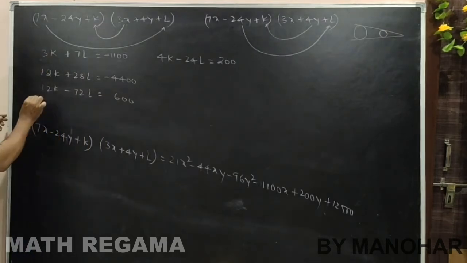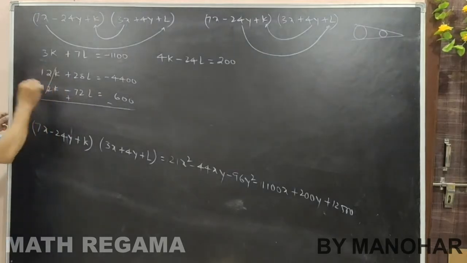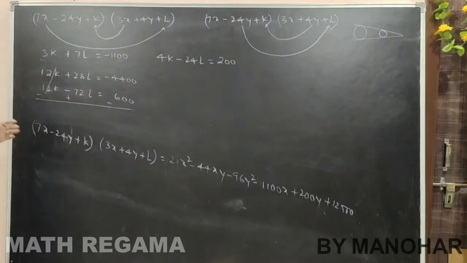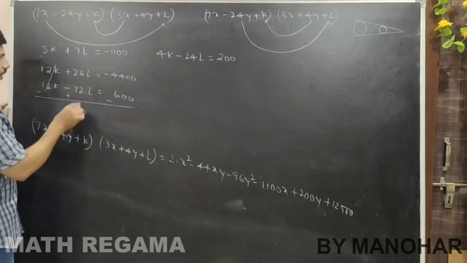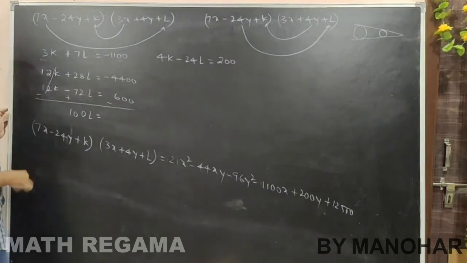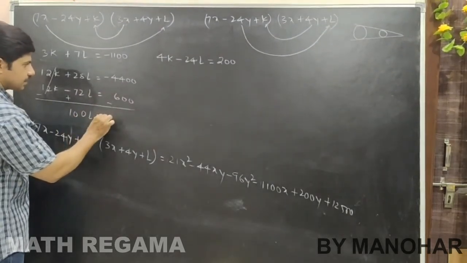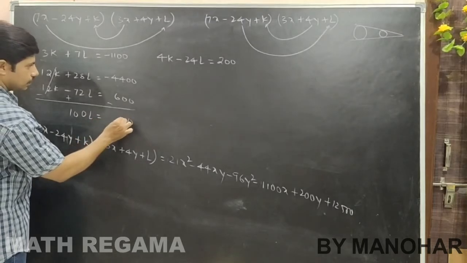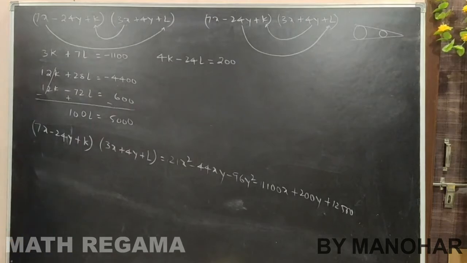Now we'll subtract. If I subtract, plus 12k minus 12k cancel. Now 28L and 72L, if you add, we get 100L is equal to minus 4400 minus 600, which is clearly minus 5000.